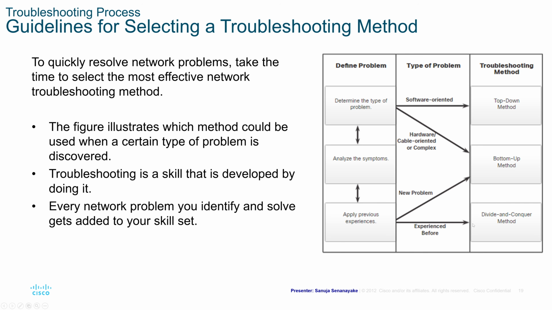Again, you can use the divide and conquer method in that situation, or you can go to the bottom-up method. Notice, to use the divide and conquer method, experience is needed, because otherwise you might spend hours and hours taking out items and trying to troubleshoot the problem, as opposed to making that educated guess that would narrow down what needs to be divided and conquered, right? So keep that in mind.